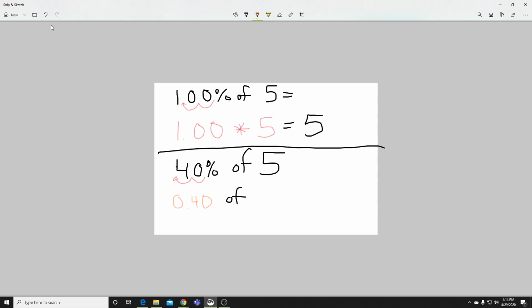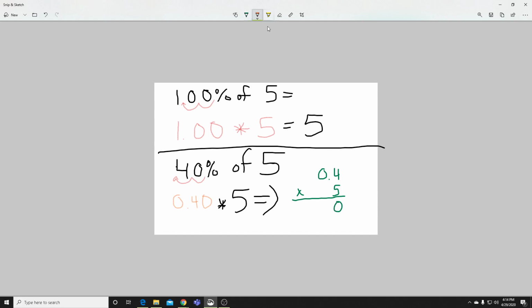So actually, we don't need to write "of." If we're finding 40% of a number, or any percentage of a number, you just multiply that number in decimal form by the other. So we do 0.40 times 5, 0.4 times 5, and what you should get, let's try it out. So 0.40, that's the same as 0.4 times 5. 4 times 5 is 20.